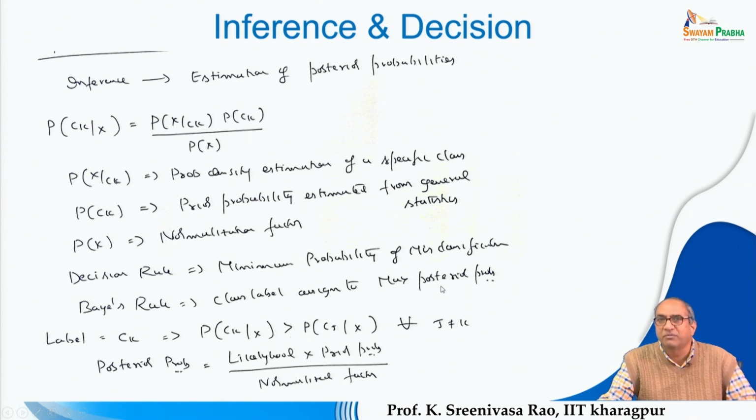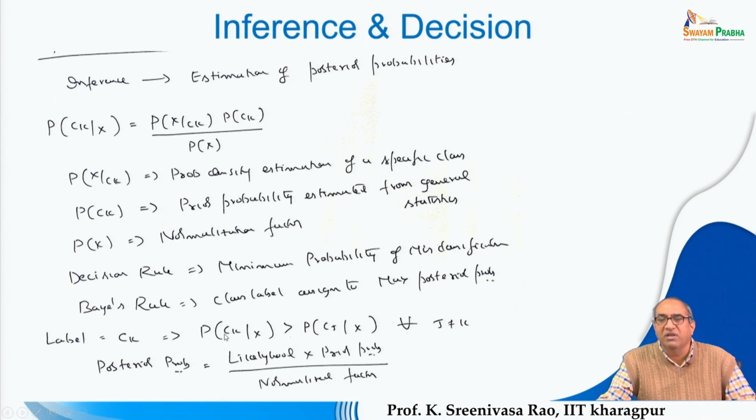Mathematically, the label Ck will be given if the probability of Ck given x is greater than the probability of Cj given x for all j not equal to k.